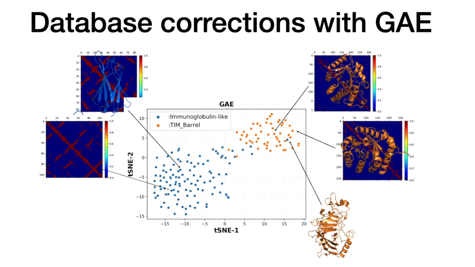And in addition, a CATH annotated immunoglobulin protein, seen here, that is misclassified by the model as a TIM barrel, seems to present in its 3D structure TIM barrel-like properties. This suggests that a mature graph convolution-based method might be able to correct mistakes made by the automatic CATH pipeline.